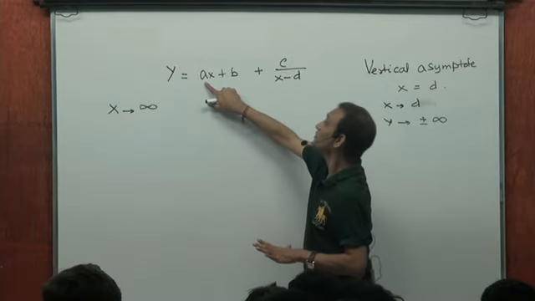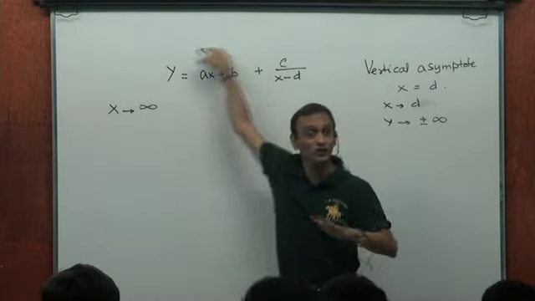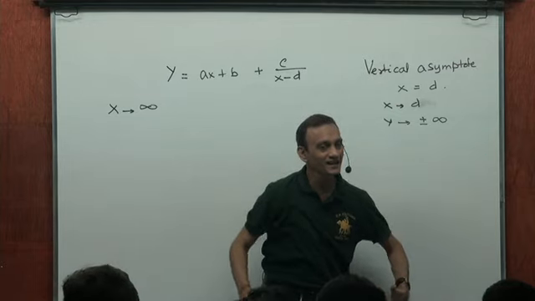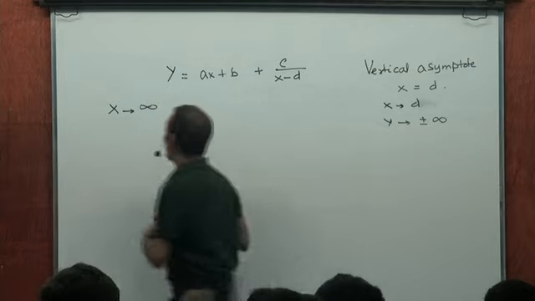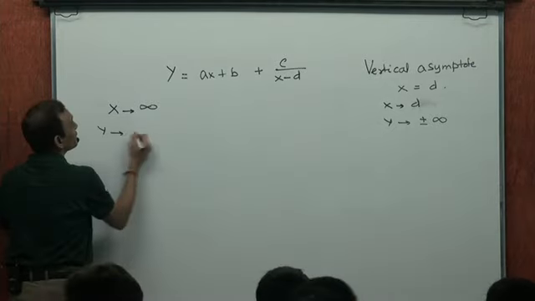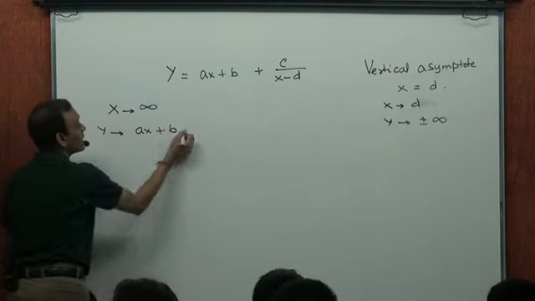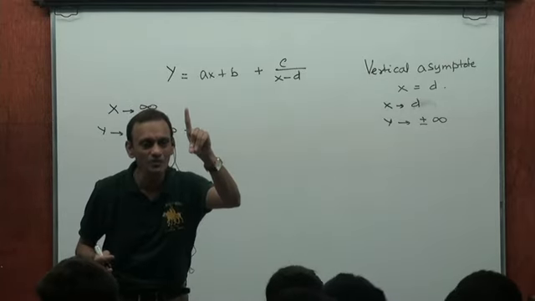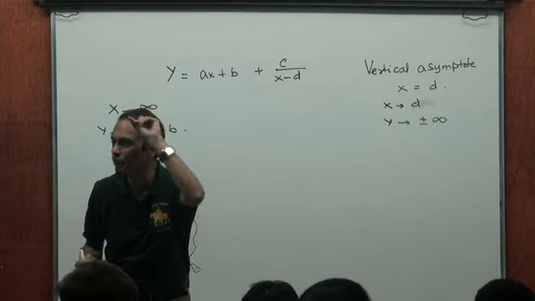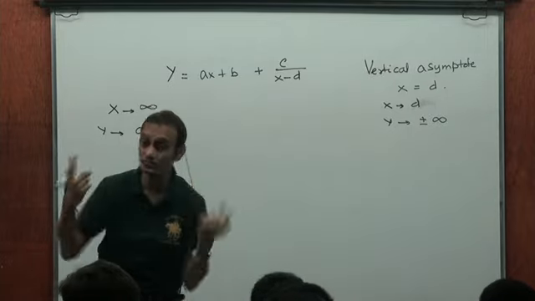Therefore, the curve comes closer and closer to the line y equal to ax plus b, and therefore y equal to ax plus b must be an inclined asymptote, right?